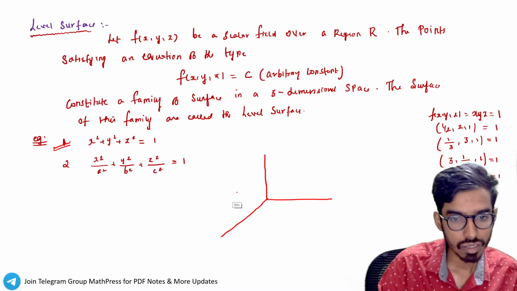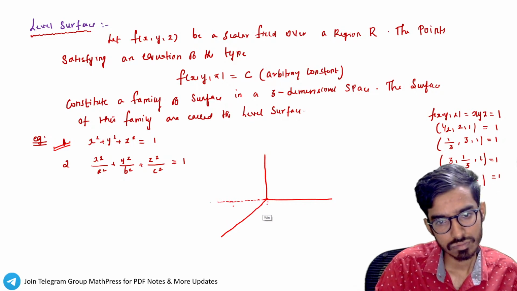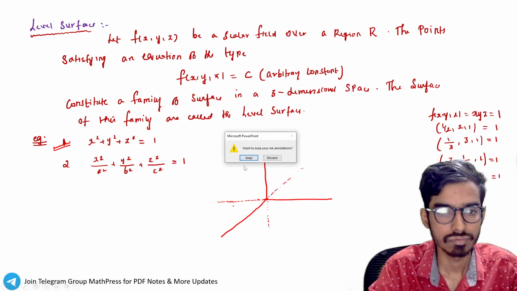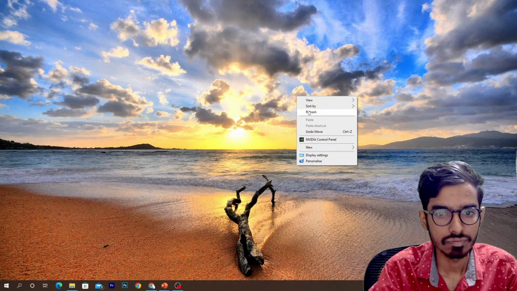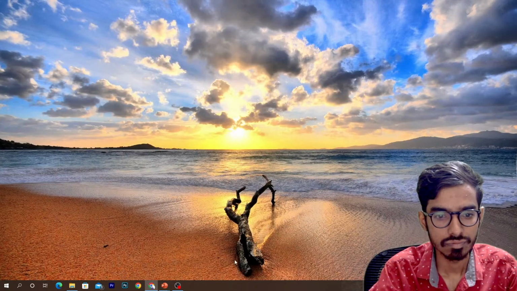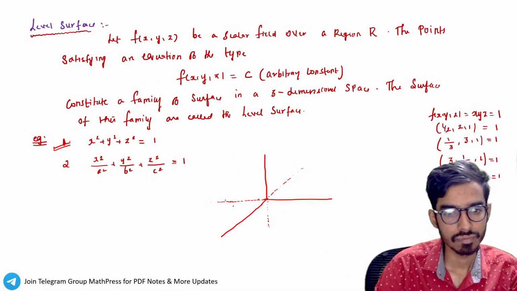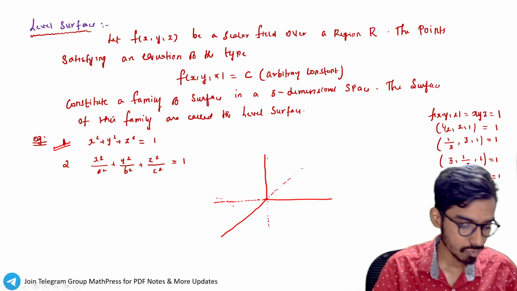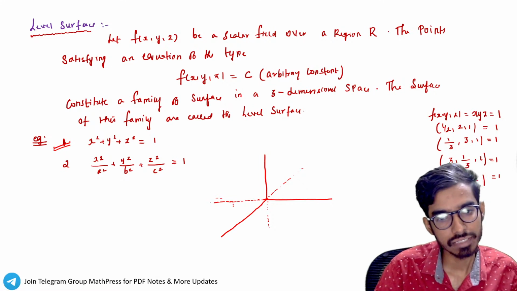Let us try to draw a sphere. Okay, so let us try to draw this diagram, right? x square plus y square plus z square is equal to 1.